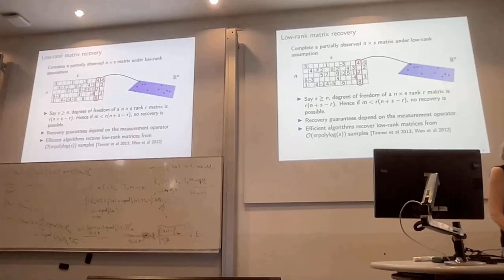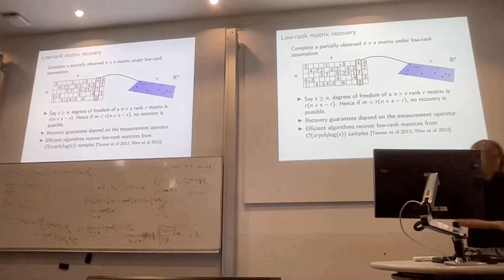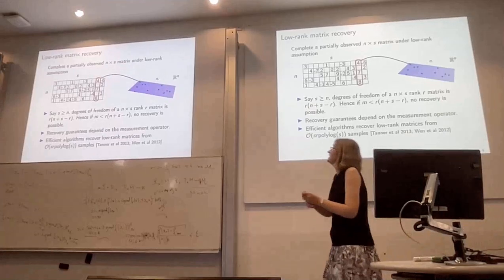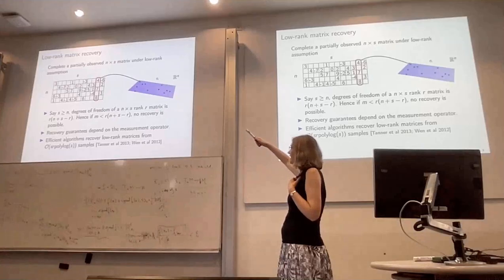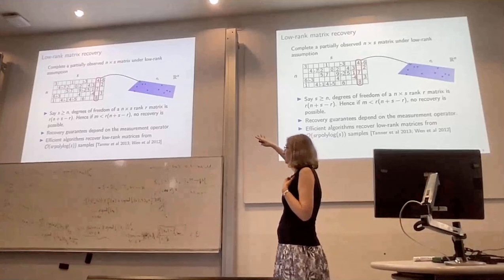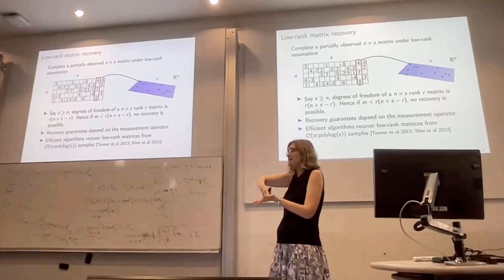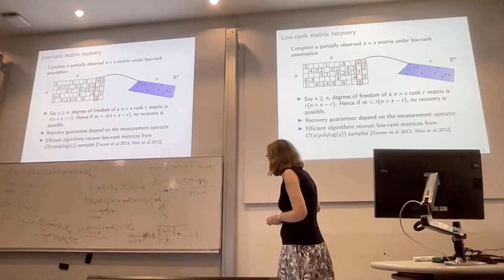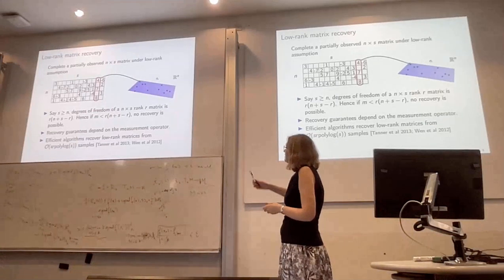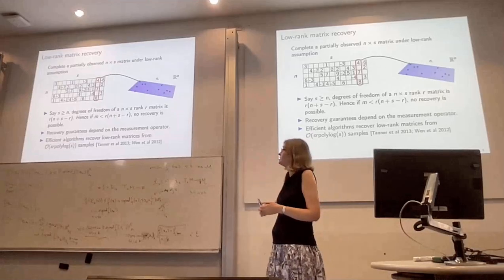Okay, so low rank matrix recovery, which Estelle mentioned, will try to complete these missing entries from undersampling, but assuming that the matrix M is low rank. And sometimes the rank is r, and sometimes you assume you know r.